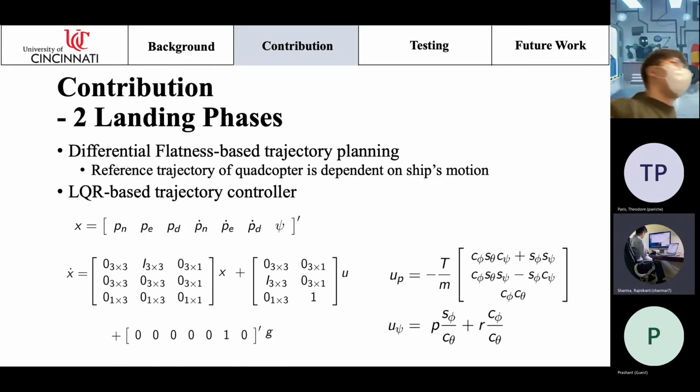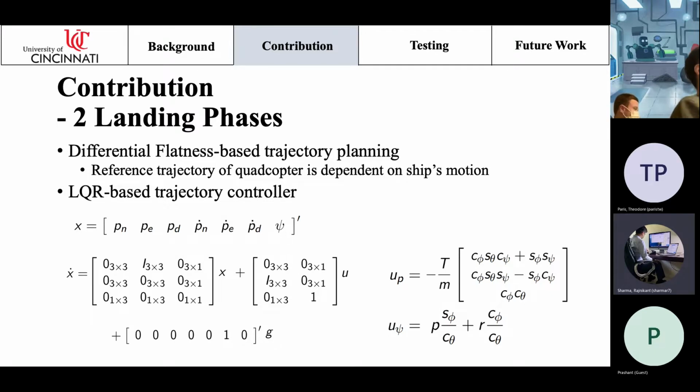So once the state of the quadcopter was estimated using 4 beacons installed on four vertices of the boat, we proceeded to do trajectory planning using differential flatness. We have used 2 different phases for landing, as I discussed earlier.